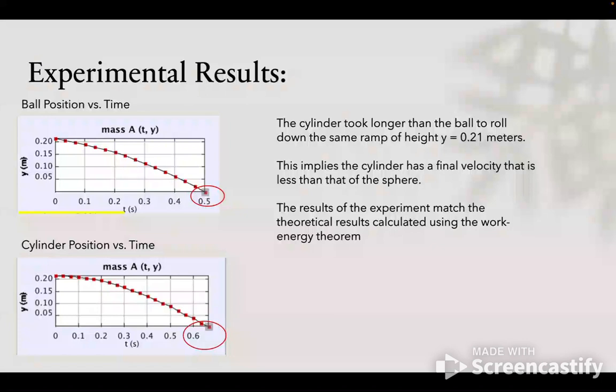So this indicates that the ball did in fact have a greater final velocity than the cylinder, which matches with the theoretical results calculated before. Thank you.